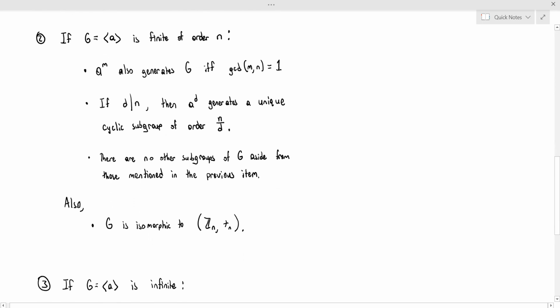And then I have some specific facts about if we have a finite cyclic group of order n. So let's say G is generated by a and it's of order n. First, a to the m will generate G if and only if m and n are relatively prime, meaning the greatest common divisor is 1.